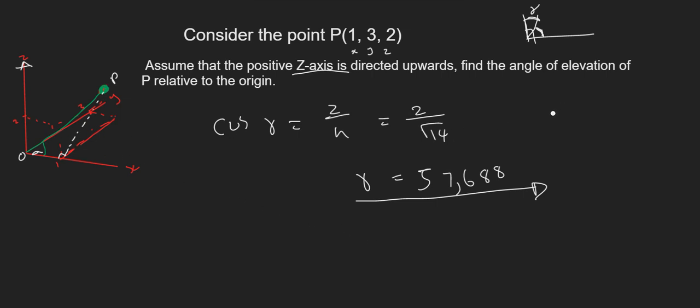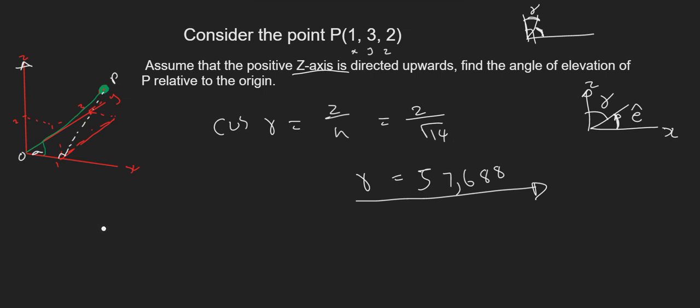Okay, let me just draw this one from the side view. This is the z, and this is the x-axis, or the y, it really doesn't matter. So the angle that we got here is this one, but we are required to find the elevation angle. We're required to get this angle, so it's just going to be 90 minus this thing.